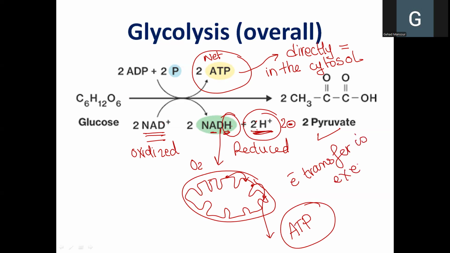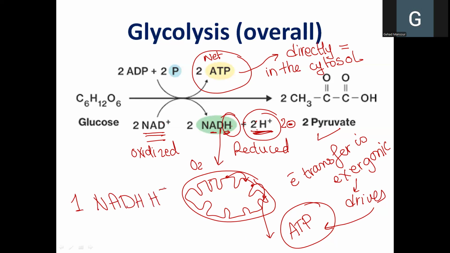And this exergonic process drives the endergonic process of formation of ATP. How many ATP will be formed from every reduced NAD? From every reduced NAD, we will get 3 ATP indirectly.